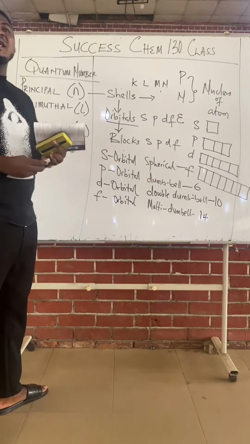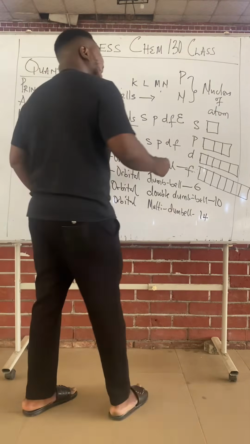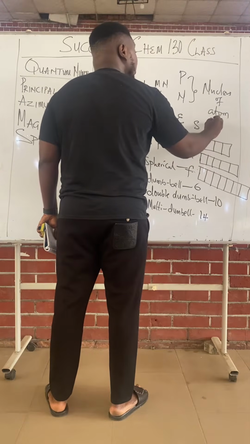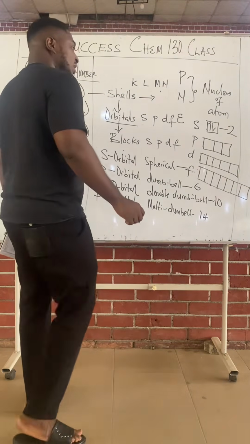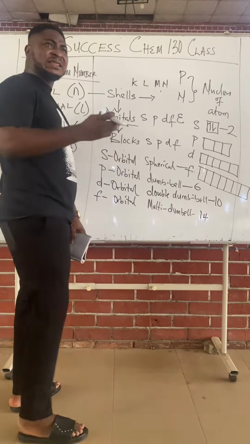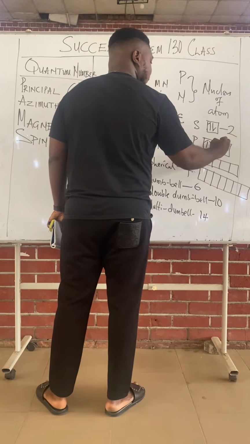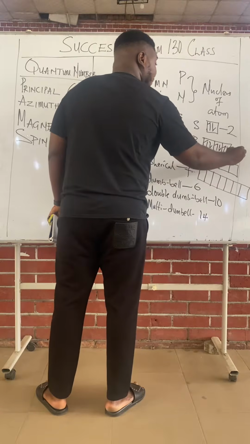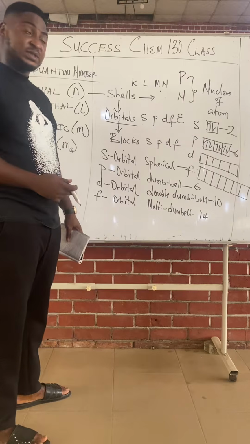Class, each block can take 2 electrons maximum. So if S block has only 1 block and it can only take 2 electrons, you see that S block can take a maximum of 2 electrons. The P block has 3 blocks, but each block can take 2. So P will take a total of 3 times 2, which is 6.